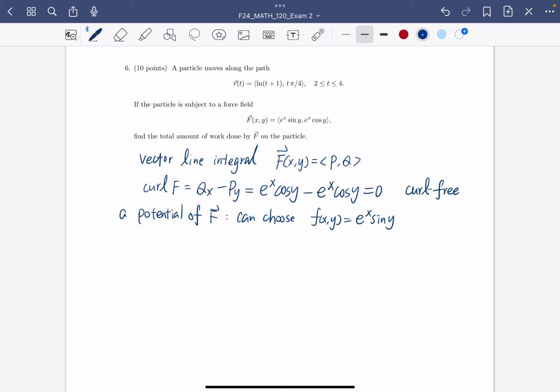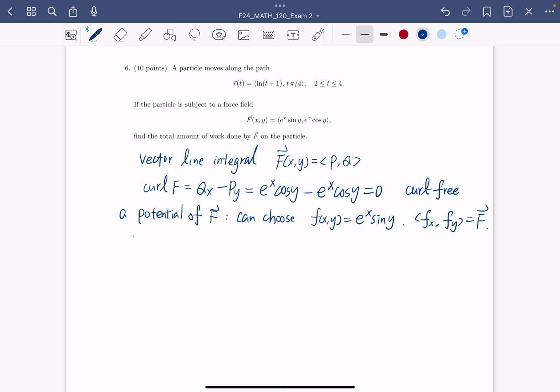You can check by directly plugging in F_x, F_y, this is F. Or you could integrate F, then get this potential.